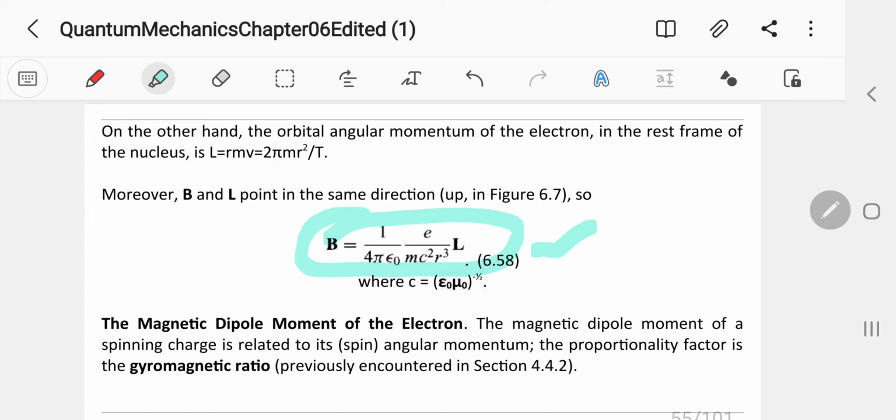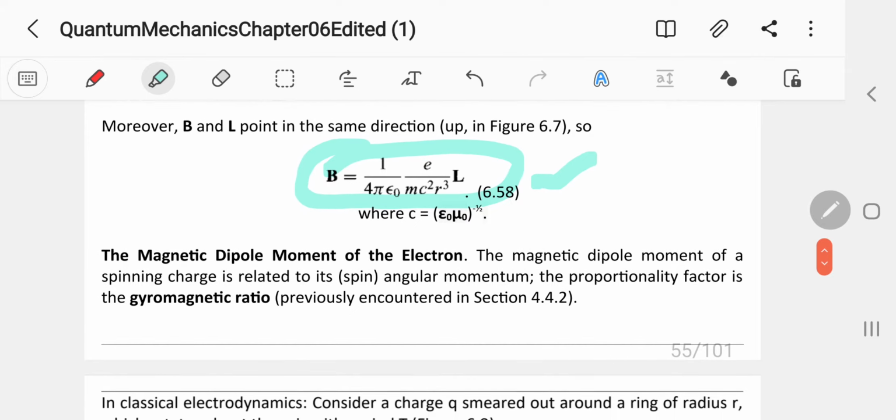And the magnetic dipole moment of a spinning charge is related to its spin angular momentum, and the proportionality factor is the gyromagnetic ratio, which was taken up in the previous videos of quantum mechanics, which you can watch later if you forget about the gyromagnetic ratio.